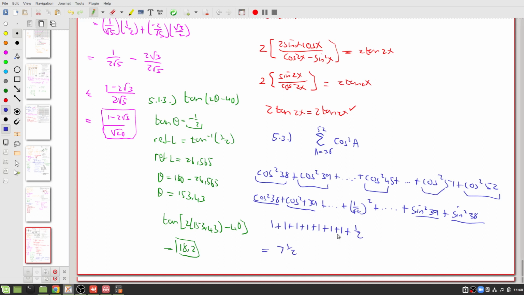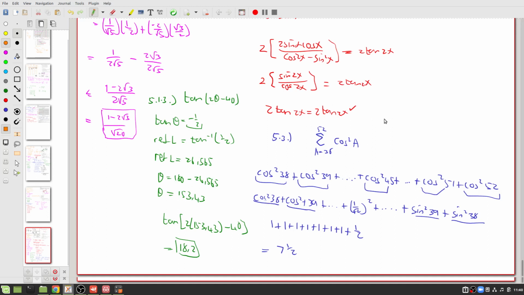And that's it. So if you found any other way to write this down mathematically, let me know. You could have maybe arranged them as cos squared 38 plus sine squared 38. So that might be actually a nice way to do it. Let me just show you what I'm talking about there.